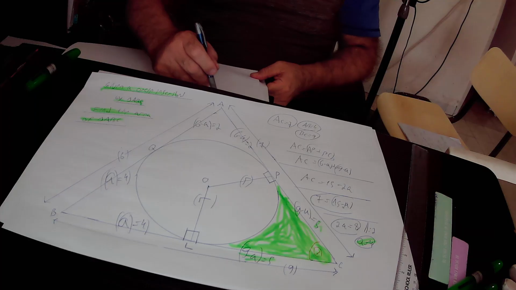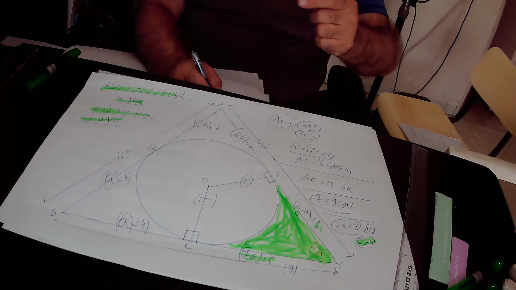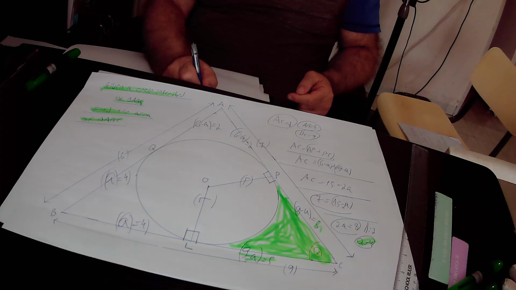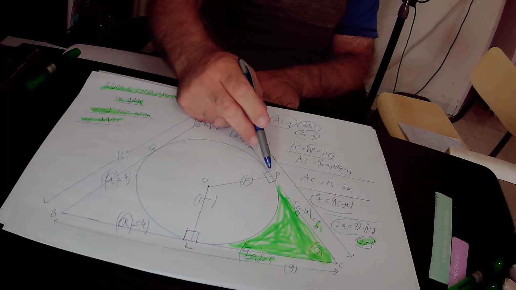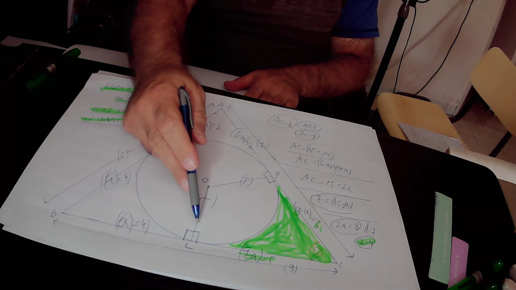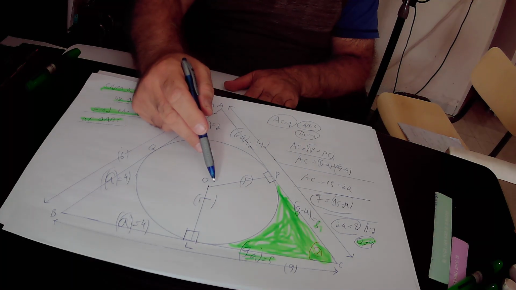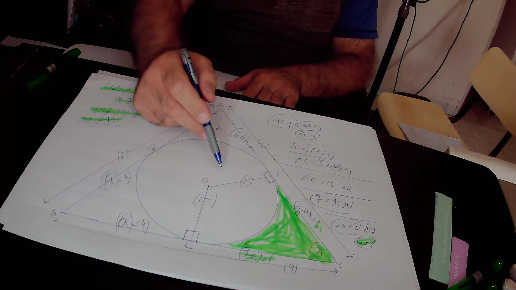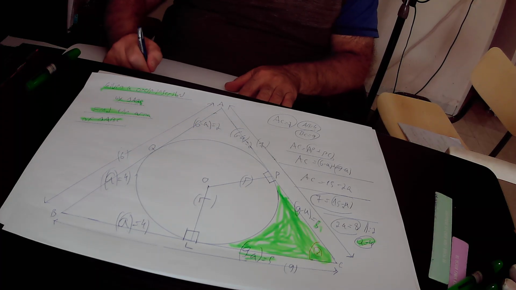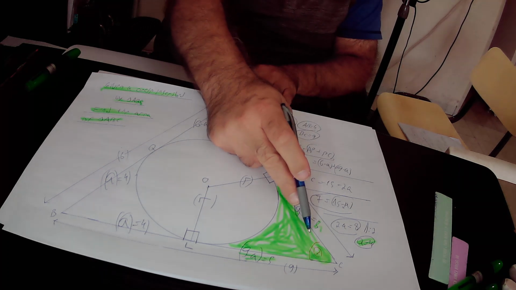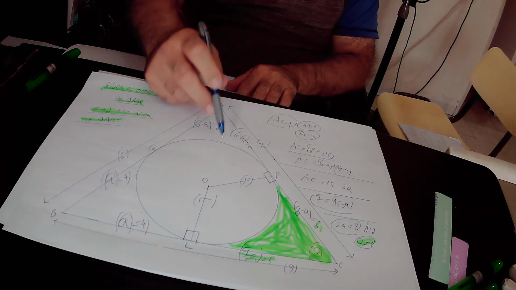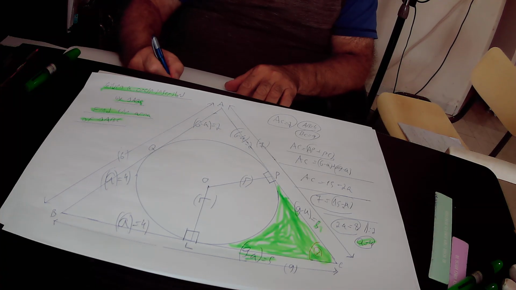Which angles do we have in quadrilateral POLC? 90 degrees plus 90 degrees is 180 degrees, plus theta plus the missing angle POL in total must be equal to 360 degrees according to the rule that I mentioned.